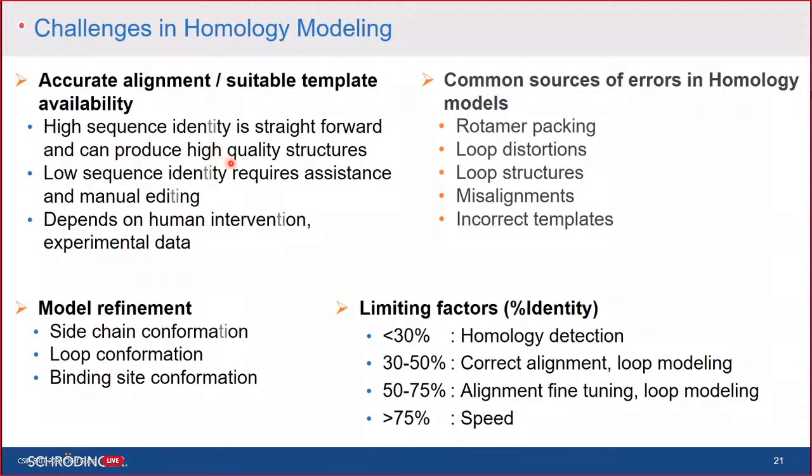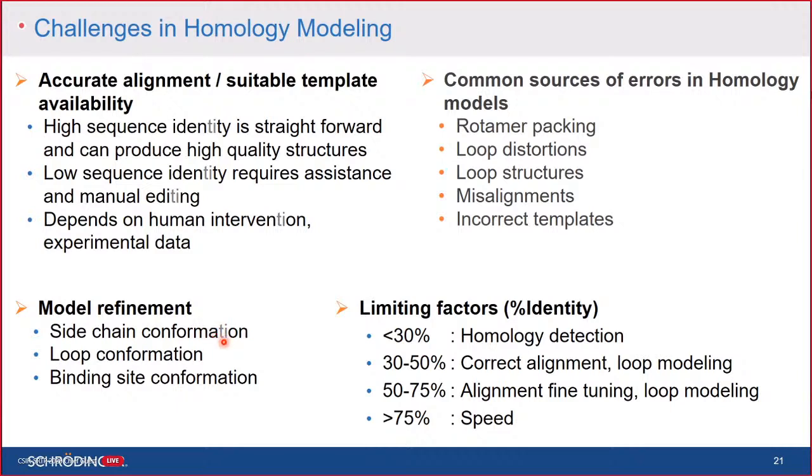You really don't need to worry about the quality of the homology model in such a case, because it will certainly generate a high quality structure in a very fast way. But if it is low sequence identity, then yes, you need manual intervention and you need to manually do a lot of things to get it done. But fortunately, all those things are pretty easy and very nicely covered in the Schrodinger suite.